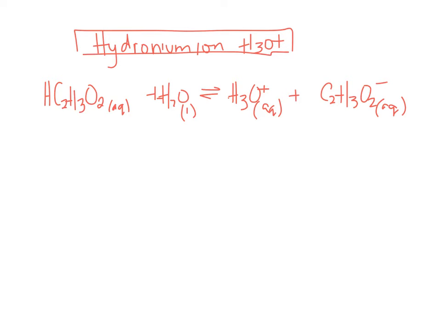What in here differs only by an H plus? Acetic acid and C2H3O2, right? The only thing they're missing in their formula is an H with a plus charge.